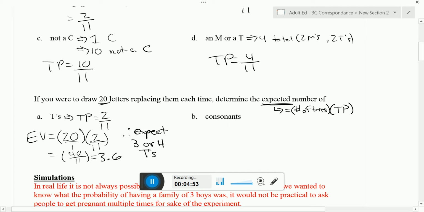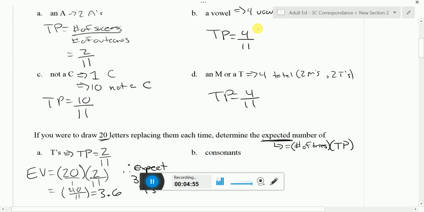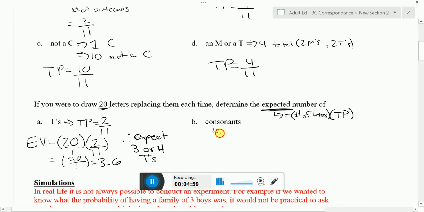Consonants. Now we could count each consonant up above, but we found out that there were 4 vowels. If there are 4 vowels out of 11 letters, there are 7 consonants. A consonant is a letter that's not a vowel. So the theoretical probability would be 7 out of 11.